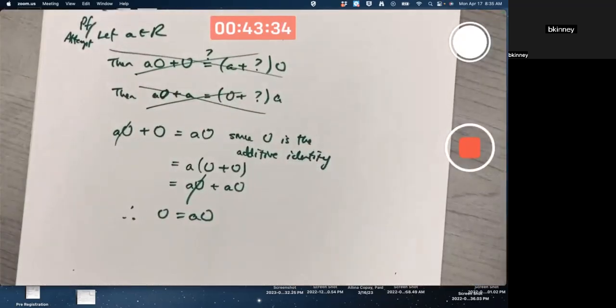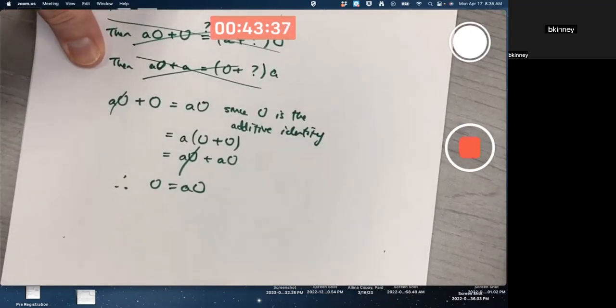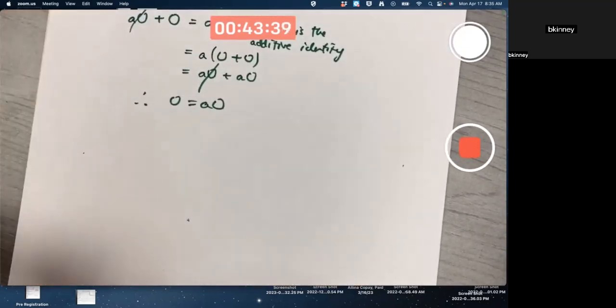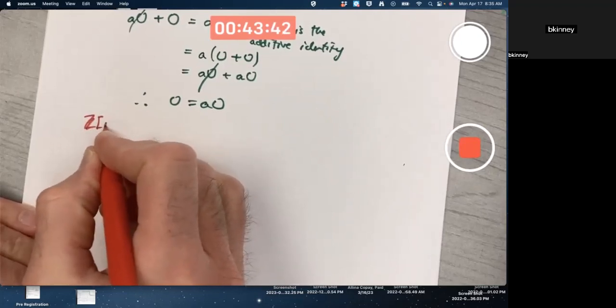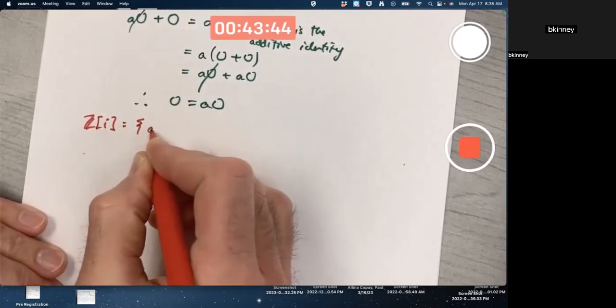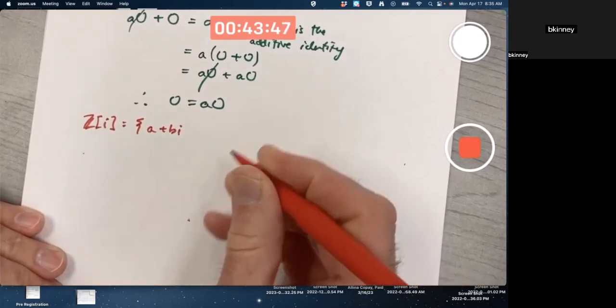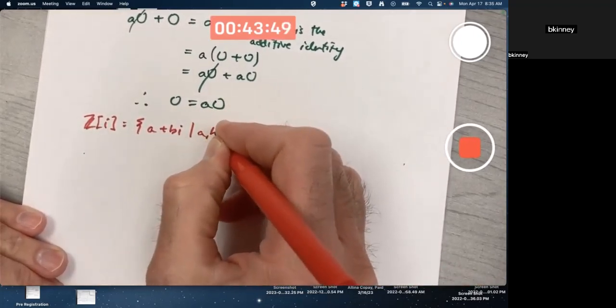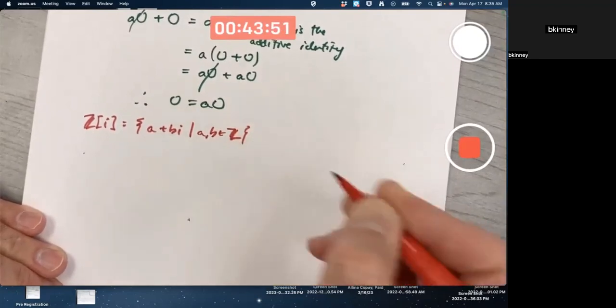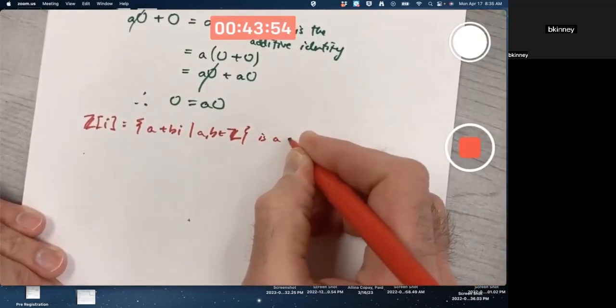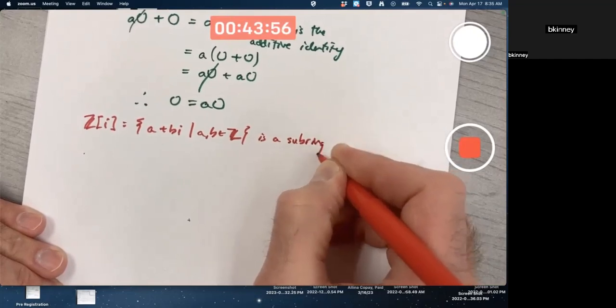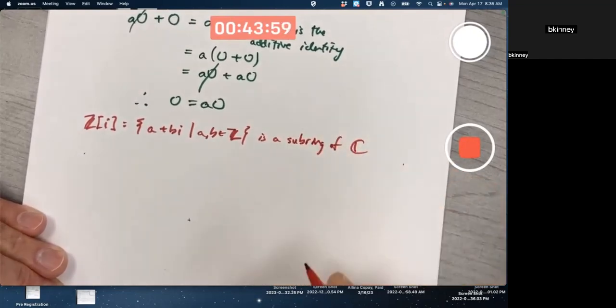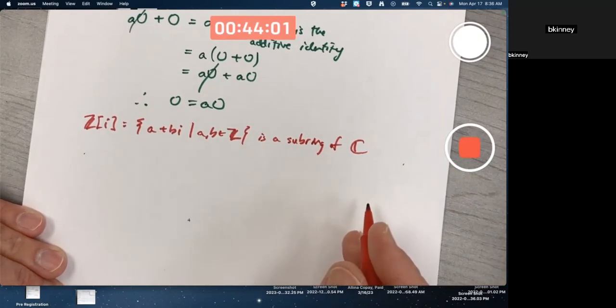You can visualize it, if you like, as an infinite array. So Z[i], the set of all numbers of the form a plus bi, where a and b are integers, is a subring of the ring of complex numbers. In fact, the complex numbers form a field. We haven't yet reminded you what a field means today.